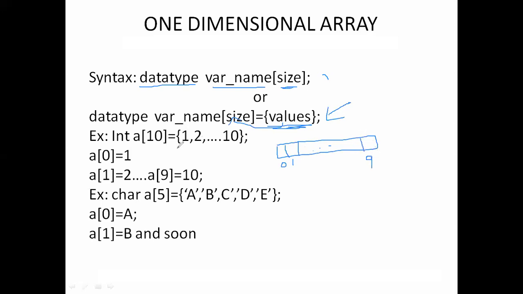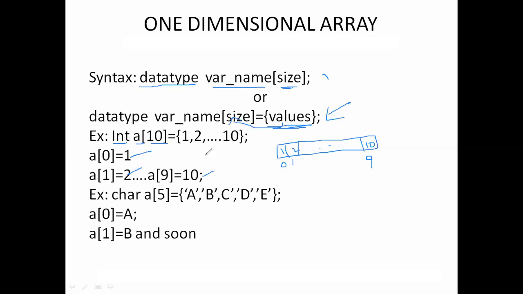Because the array index starts from 0 to 9, the elements stored in the array are 1, 2, and so on up to 10. So a of 0 contains the value 1, a of 1 contains the value 2, and a of 9 contains the value 10. In this way we represent the array by directly initializing the values. Here the data type is int, the variable name is a, and the size is 10.